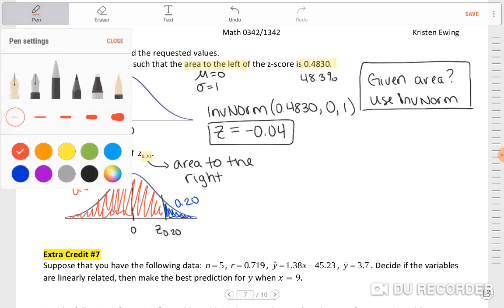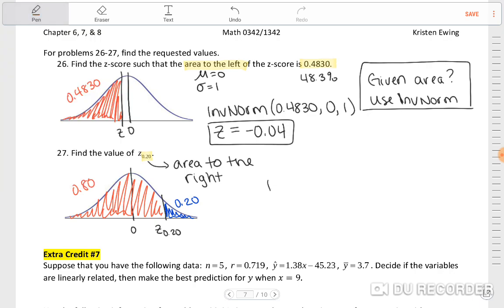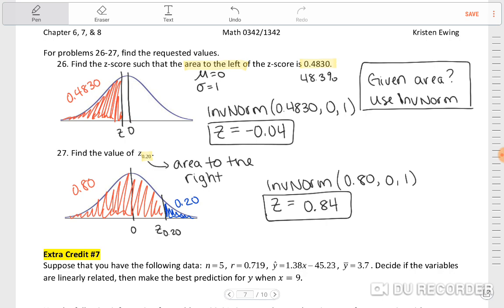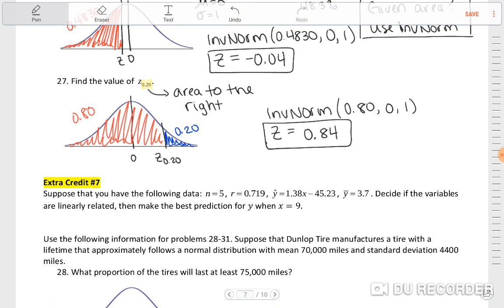So when I type this into my inverse norm, my area to the left is 0.80, 0, 1 mean, standard deviation. So when we type that in, we should get 0.84. And I will say z equals. Okay, so you will have one like that.